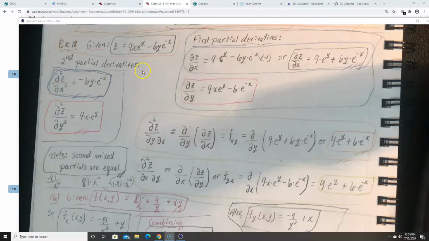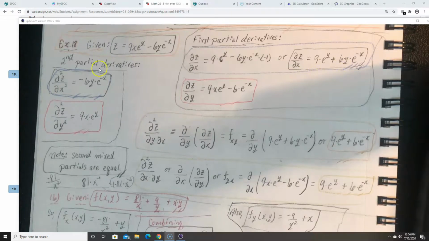But to compute the second partial derivative, you first have to have a first partial derivative, which we have both. The partial derivative of z with respect to x is this over here. The partial derivative of z with respect to y is right here. And so now we're going to take this one and differentiate again partially, but not with respect to what we already did, but with respect to the other variable, which is the y.